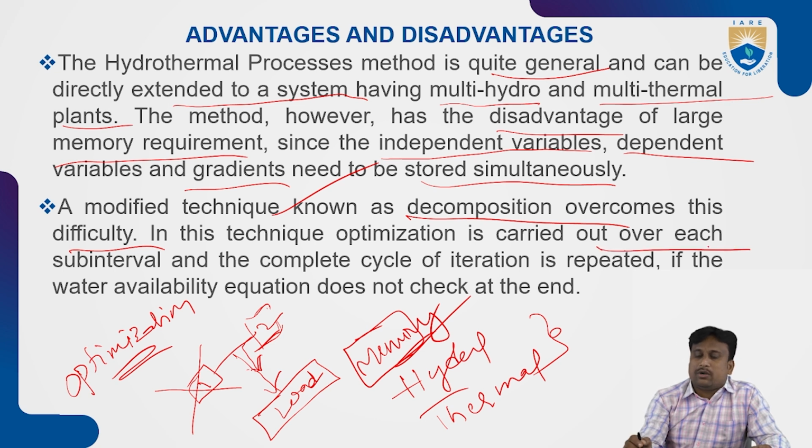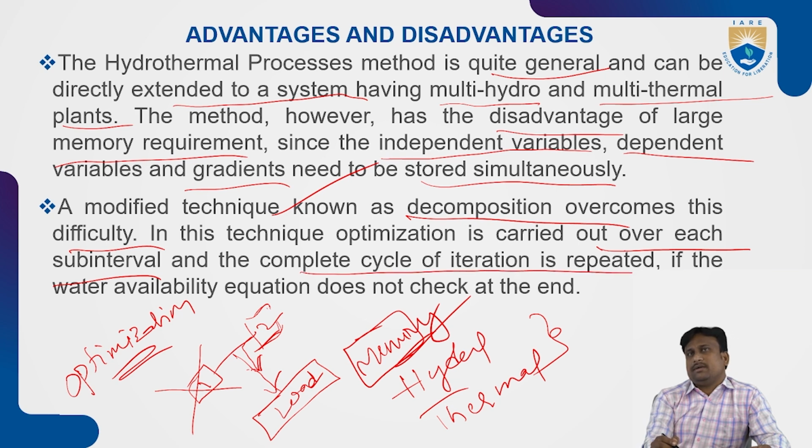It is carried out over each subinterval, and the complete cycle of iteration is repeated a number of times for every subinterval. Due to this number of iterations, we can optimize the system easily.